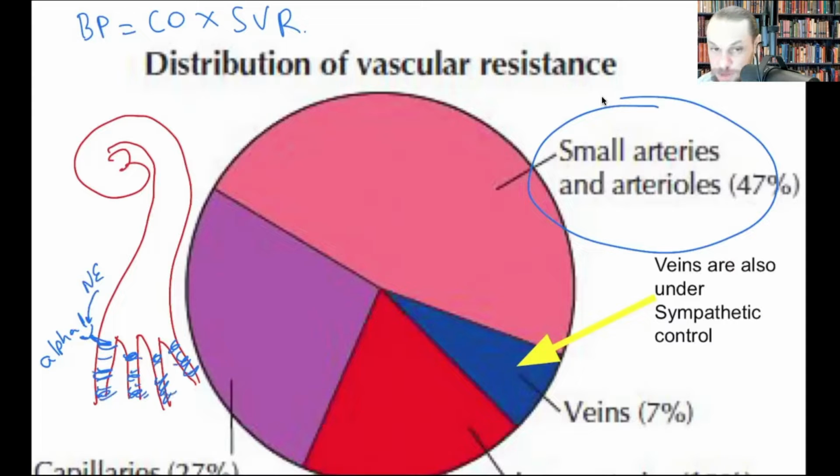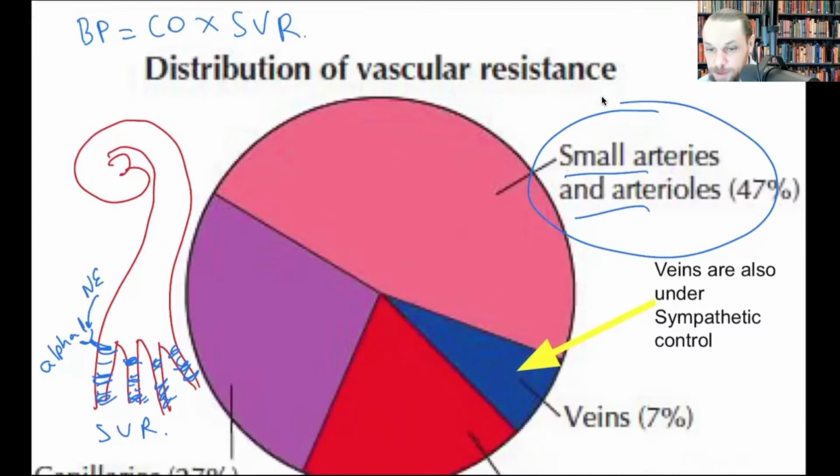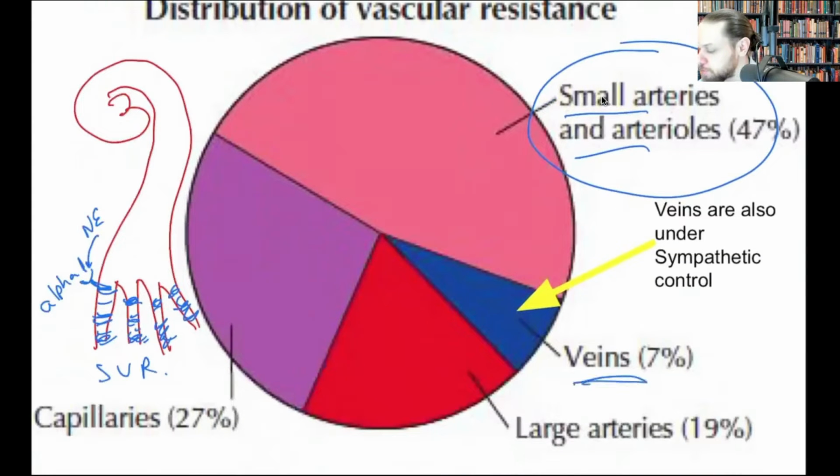This is what we call SVR, systemic vascular resistance, or PVR. Predominantly this resistance is in the arteries. However, there is also some on the veins. So this is also important to know. If I give you a vasoconstrictor, am I going to affect the veins or not at all?